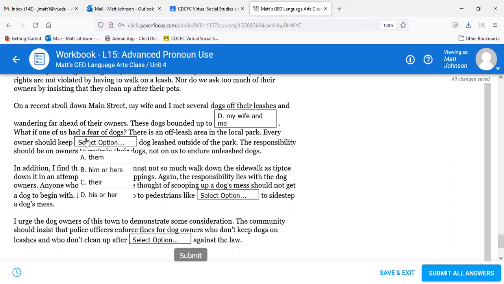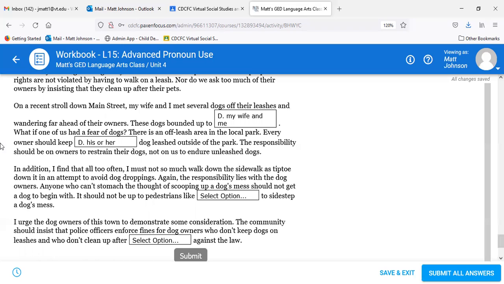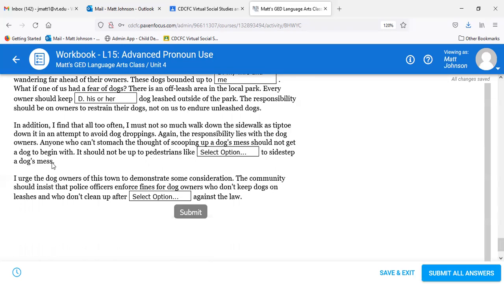D. Every owner should keep his or her dog leashed outside of the park, because owner, if it was owners, like we just said, owners should keep, then we could use their. Dog leashed out of the park. The responsibility should be on owners to restrain their dogs, not on us to endure unleashed dogs.